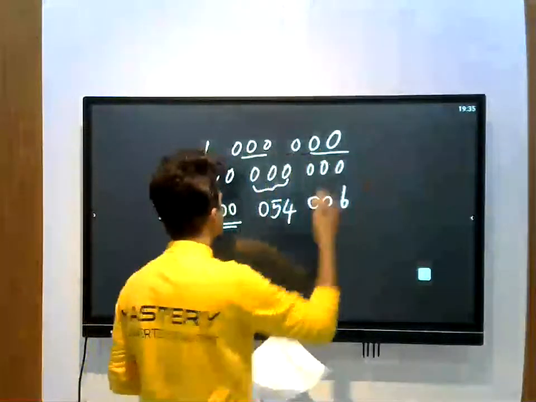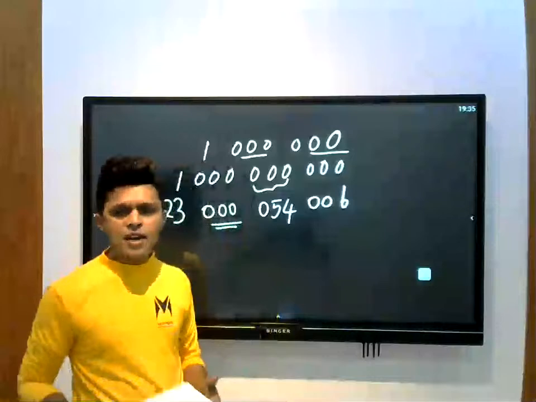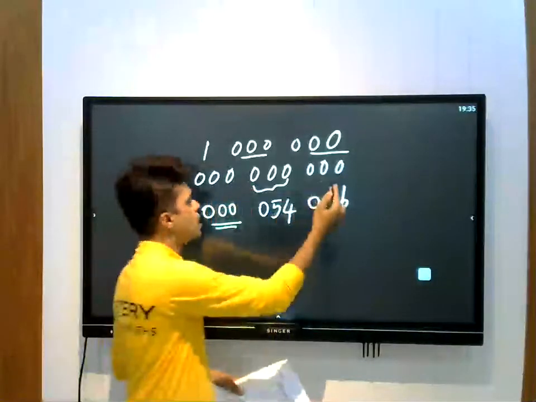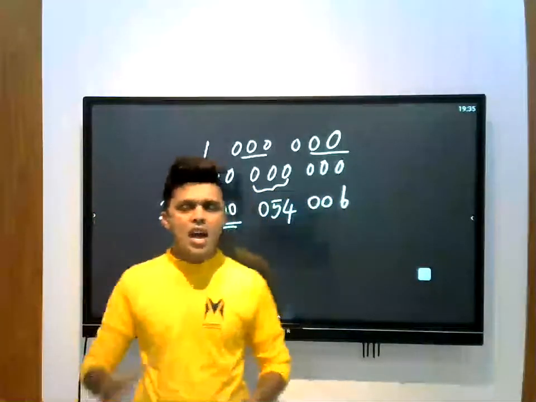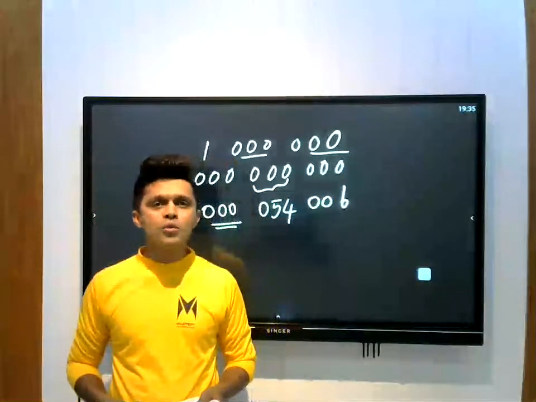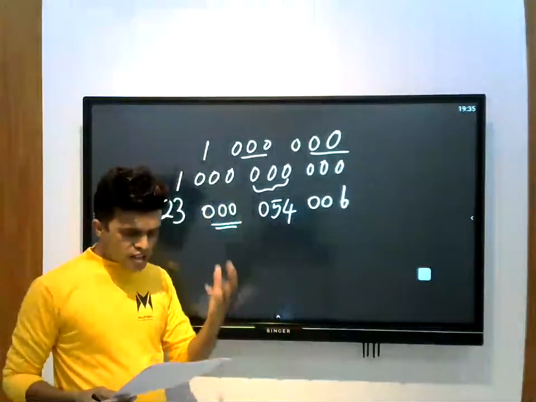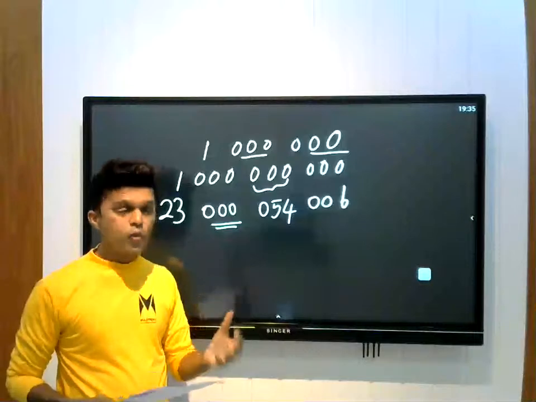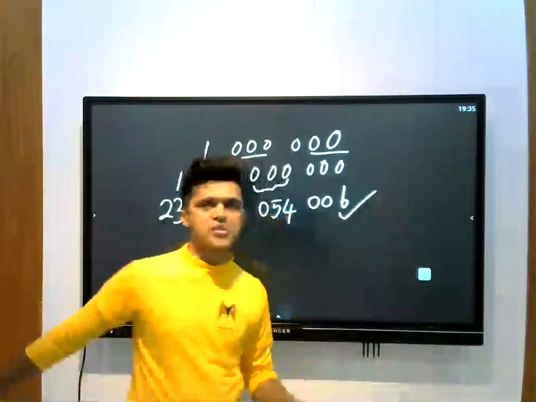In 1 billion, how many zeros are there? 1, 2, 3, 4, 5, 6, 7, 8, 9. There are 9 zeros in 1 billion. So the answer for the first question is 23 billion 54,006.